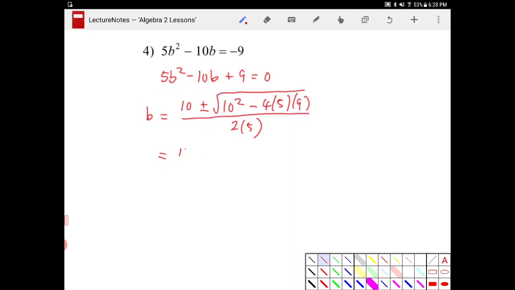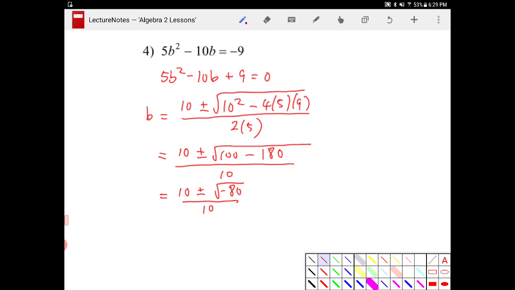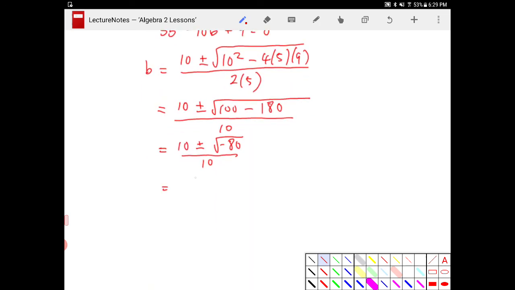So what will I end up with then? I end up with 10 plus or minus the square root of 100 minus 4 times 5, that's 20, 20 times 9, that's 180. All over 10. I have 10 plus or minus the square root of negative 80, all over 10. And is there a perfect square that divides evenly into 80?